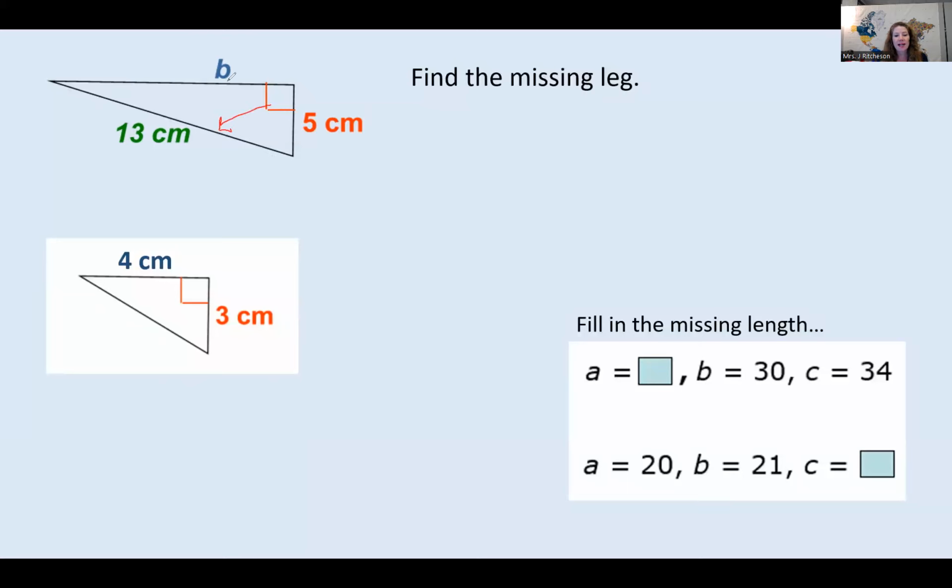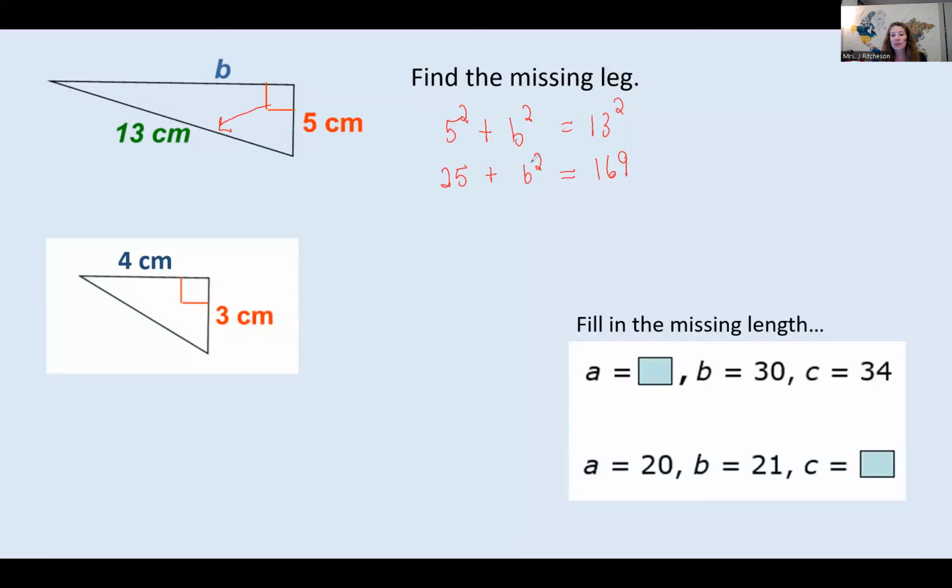And this time we're going to find what B is. So that means 5 is going to be A. B is missing. We know that C is 13. So we're plugging that into the Pythagorean theorem. 5 squared is 25. We don't know what B is. 13 squared is 169.